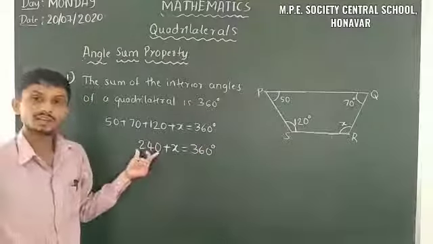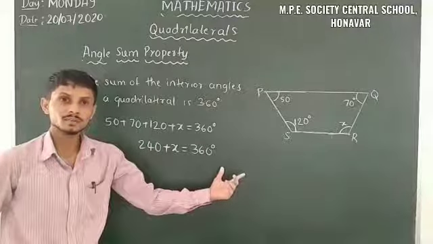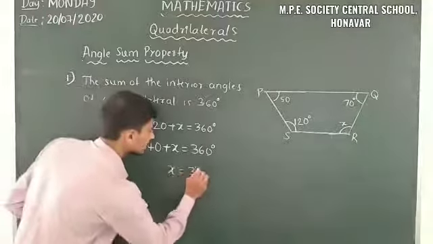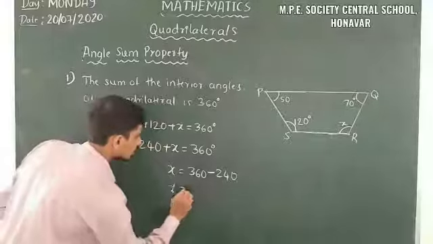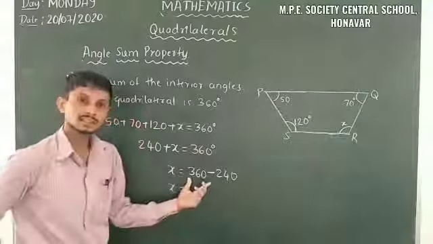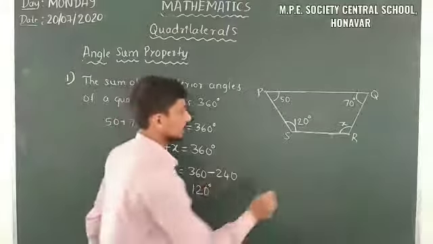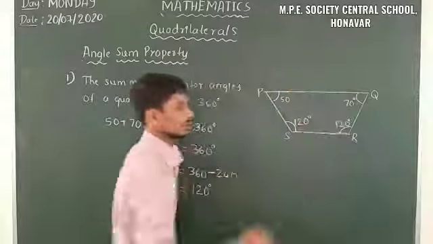Then transpose this 240 to the RHS, so x is equal to 360 minus 240, which is 120 degree. So x is equal to 120 degree here.